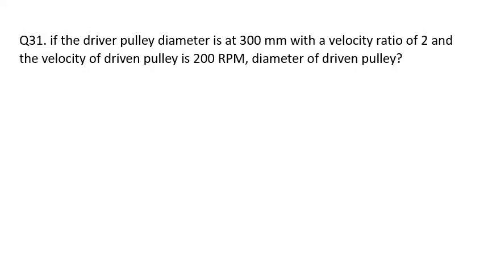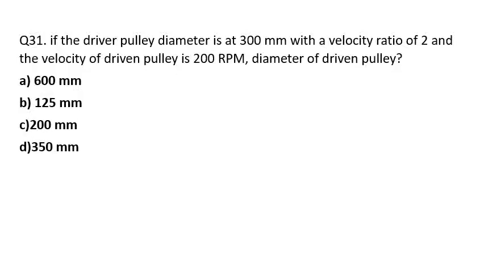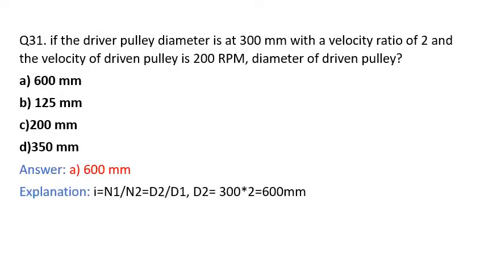Question number 31. If the driver pulley diameter is 300 millimeter with the velocity ratio of 2 and the velocity of the driven pulley is 200 rpm, then the diameter of the driven pulley is given by A 600 millimeter, B 125 millimeter, C 200 millimeter, D 350 millimeter, and the answer is A 600 millimeter.